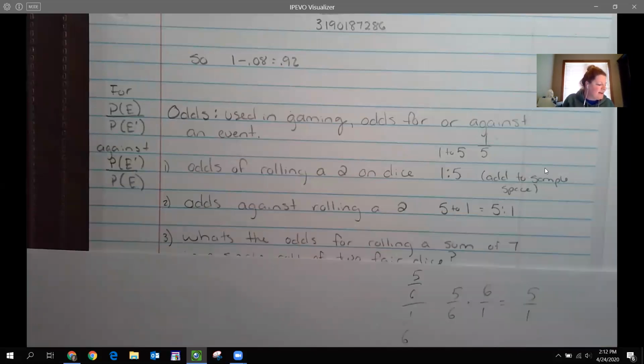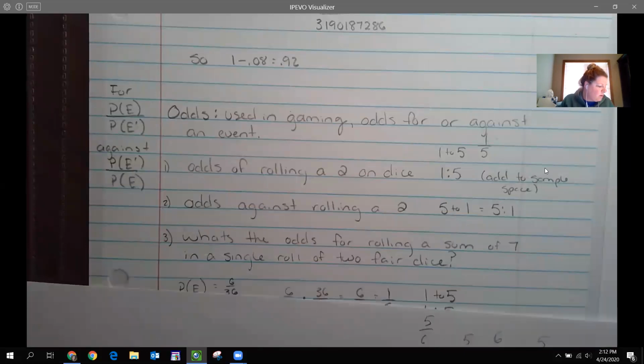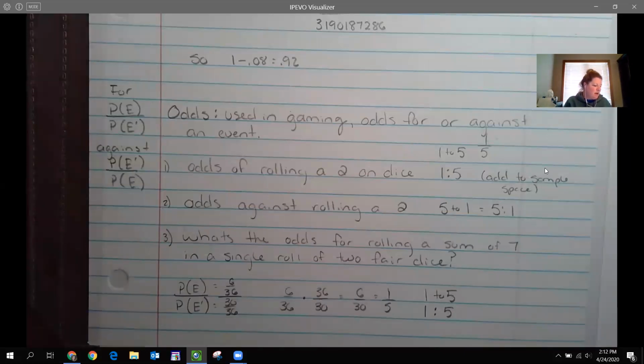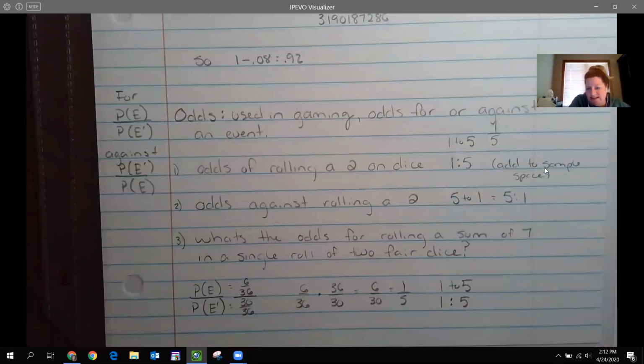Okay, what are the odds of rolling a sum of 7 in a single roll of 2 fair dice? Remember, 7 is the highest probability.